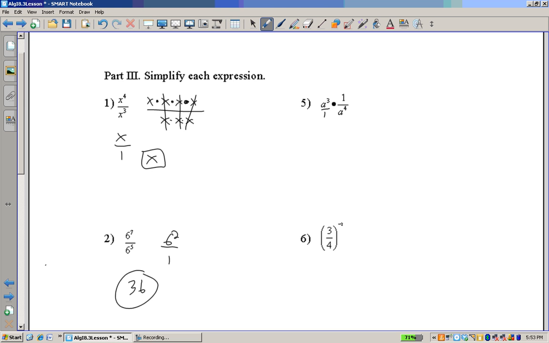Here we're going to put this over 1, a to the 3rd over 1, multiply straight across. We have a to the 3rd over a to the 4th, and there is one more a in the bottom than in the top. You can kind of subtract these and you realize that there are more a's in the denominator than the numerator.